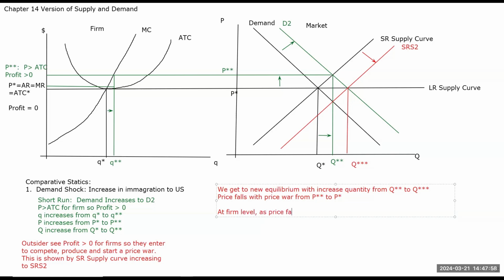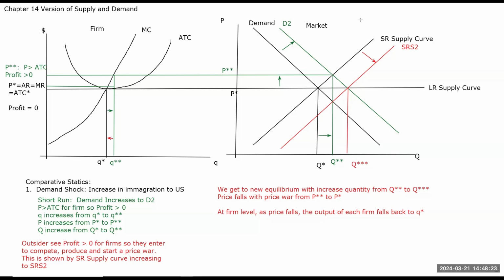As price falls, the output of each firm falls back to little q single star. Okay? So those are all of the impacts of a demand shock.